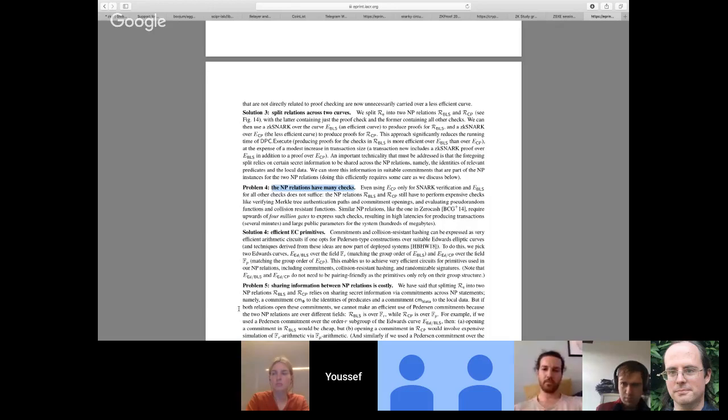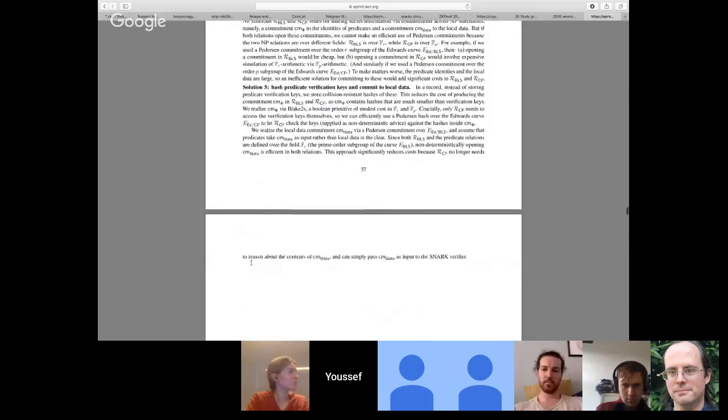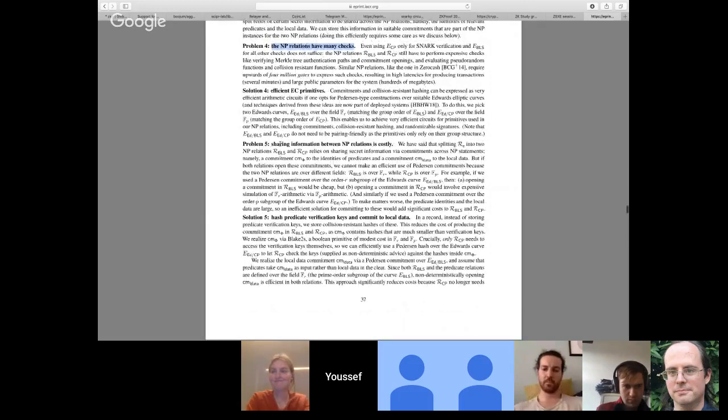So we have 4 curves, and then the last problem in this section is that sharing information between NP relations is costly. So instead of sharing the information, they share the hashes, and for the hashes they use Blake 2. I think Blake 2 is used in Snarky.